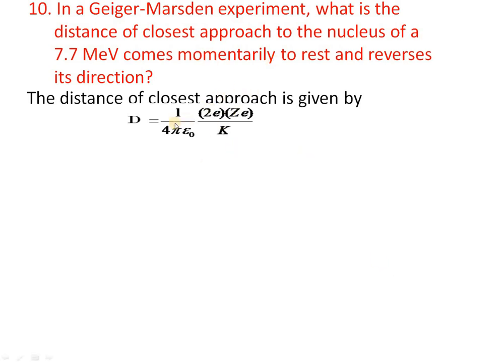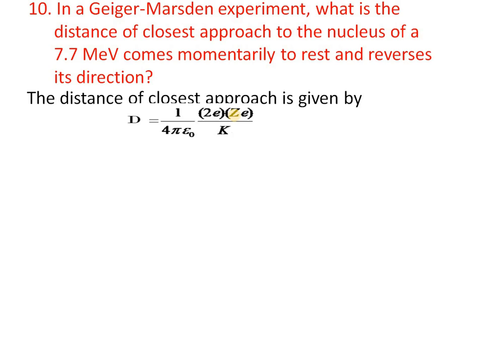Now, 1 by 4 pi epsilon naught is a constant. If you make the calculation by substituting epsilon naught equal to 8.854 into 10 power minus 12, you will get 1 by 4 pi epsilon naught equal to 9 into 10 power 9. 2 is a constant, e is the charge on the electron, which is 1.6 into 10 power minus 19. Z is the atomic number of the nucleus.